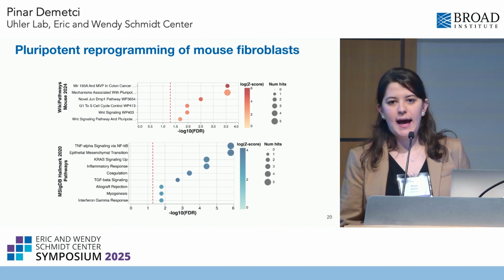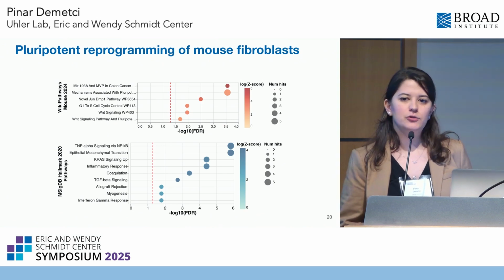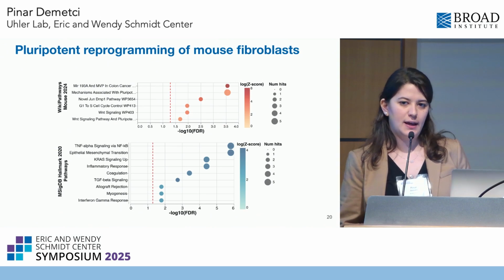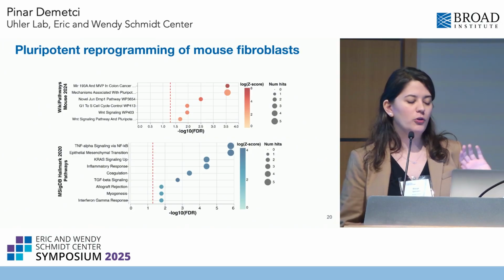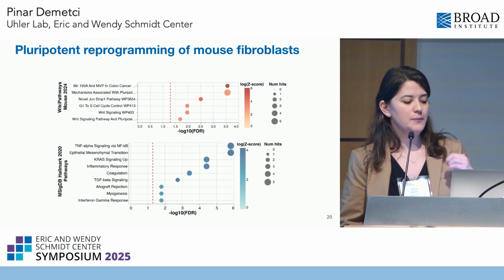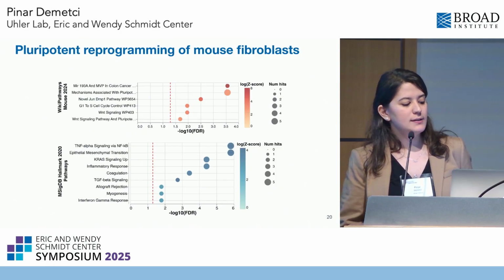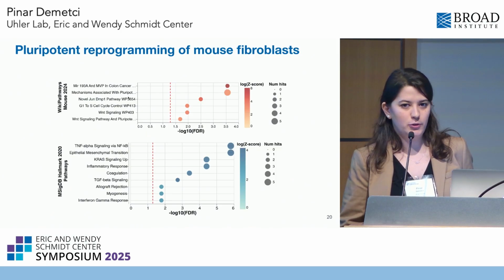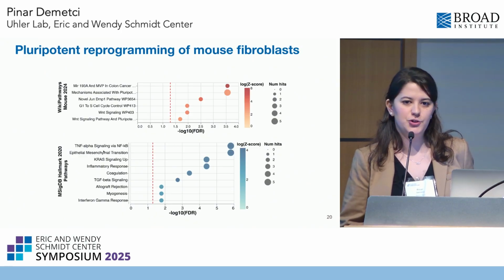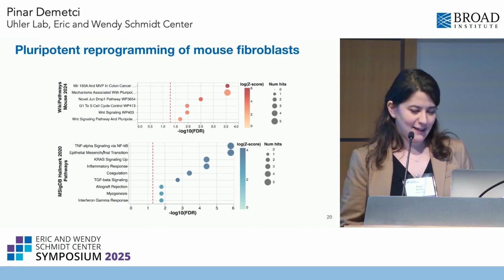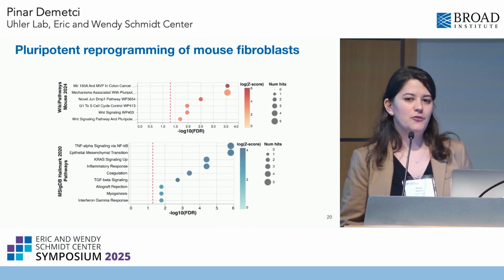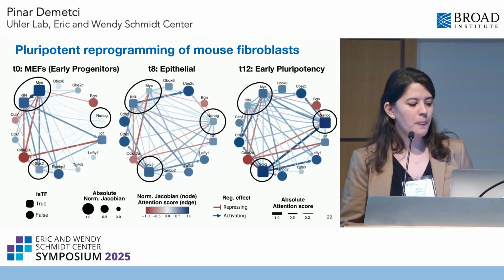Right, so when we look at the top 20 interactions of the very early day one, actually day 2 is when they start to sequence, what we see is the enhancement of enrichment in pathways related to pluripotency, and also downregulation of epithelial mesenchymal transitions, which is the opposite of mesenchymal epithelial transition that cells are required to go through for pluripotency.